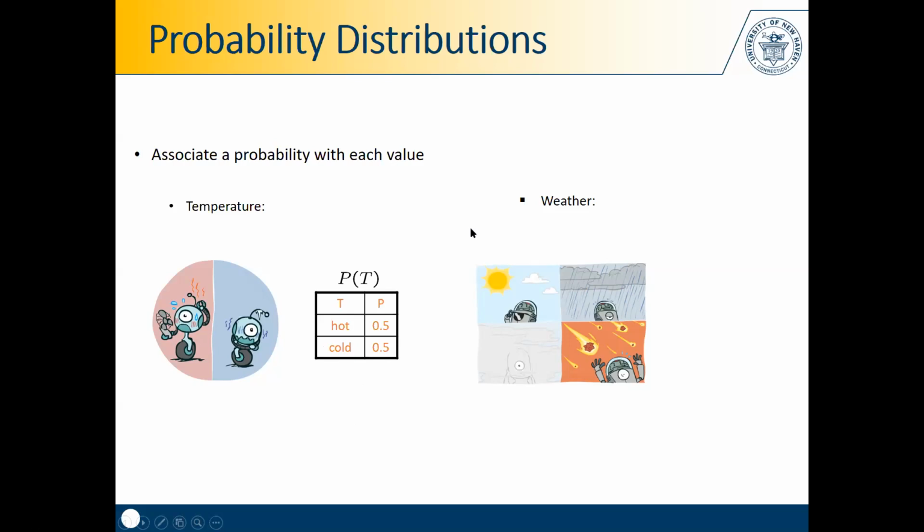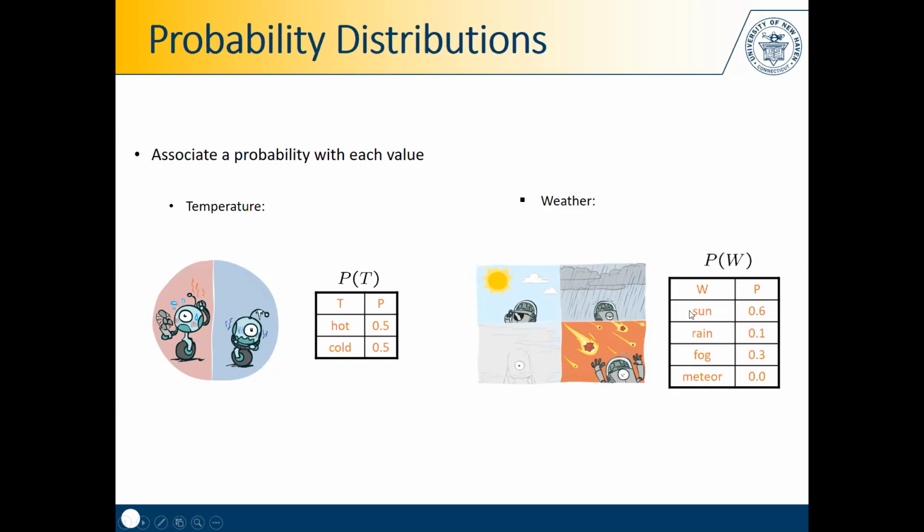What about weather? So the weather can be sunny, rainy, foggy, or, well, you can consider the fact that there can be meteors coming from the sky. And this table here represents a probability distribution for this random variable W, weather. The probability of the weather being sunny is 0.6.